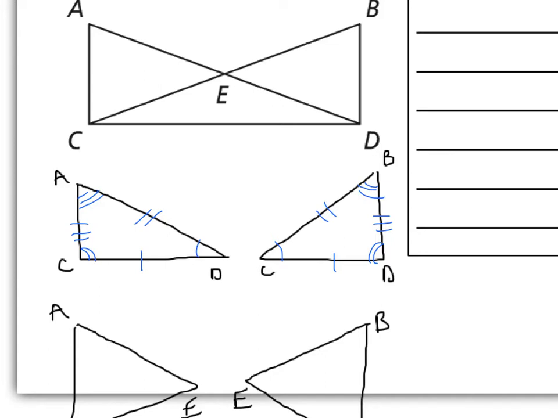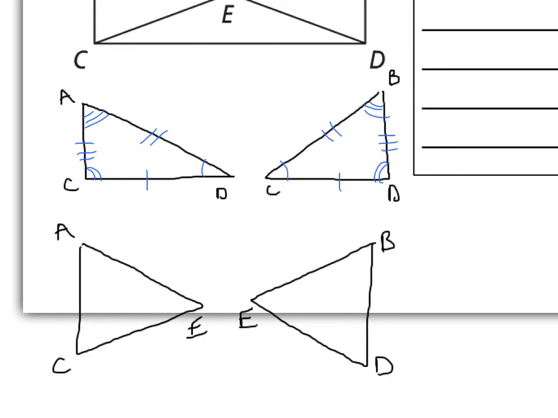Well, as you look here on these two things, you can tell that first of all, we know that AC and BD were marked congruent up above. And we can also see that angle B and angle A are congruent up above as well. Now that's going to be my first step.